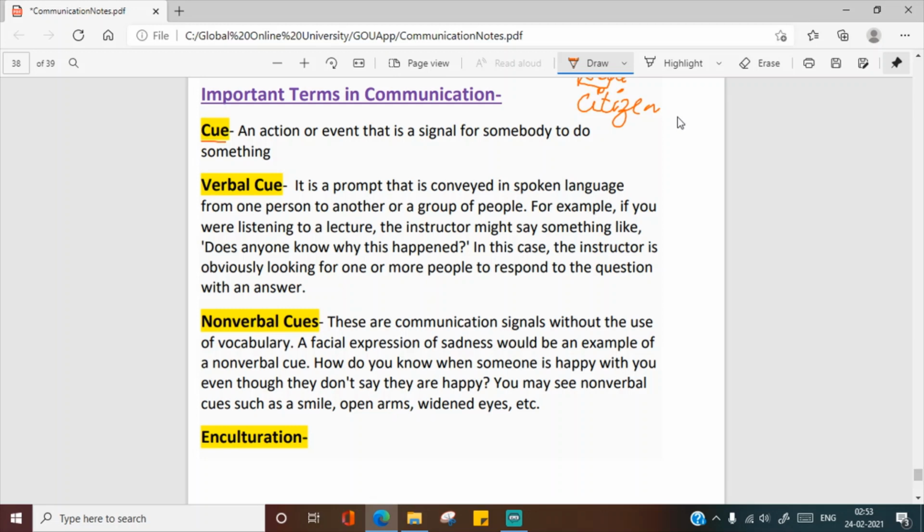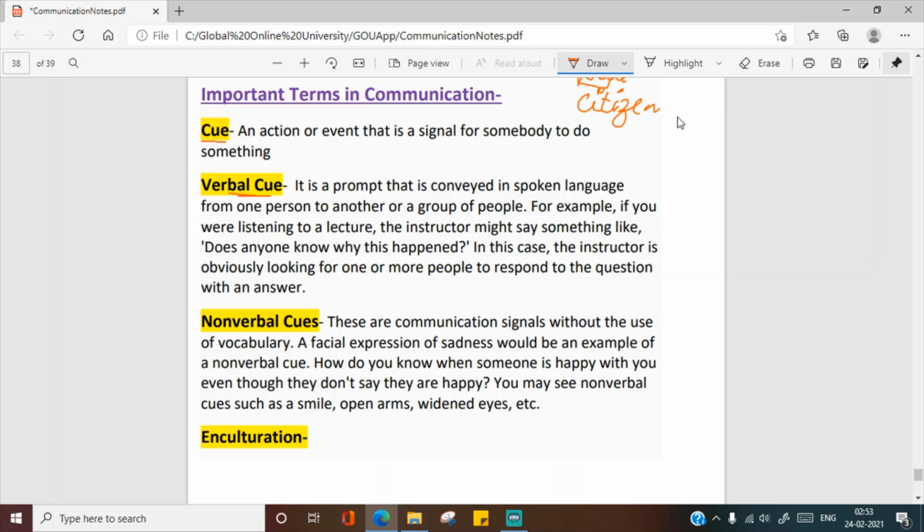For instance, sometimes we get inside our house, we are not able to find our mobile phone or our car keys. We will shout and say, has anyone seen my car keys? So some people might be saying yes. So that is verbal cue when you are asking somebody.